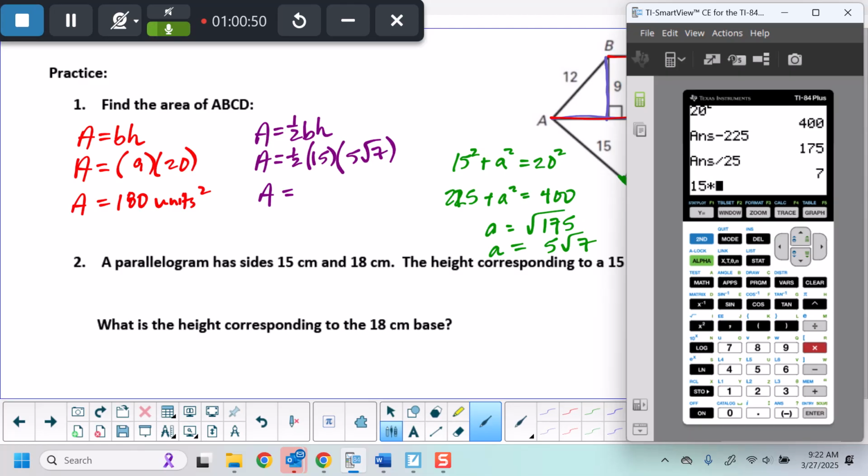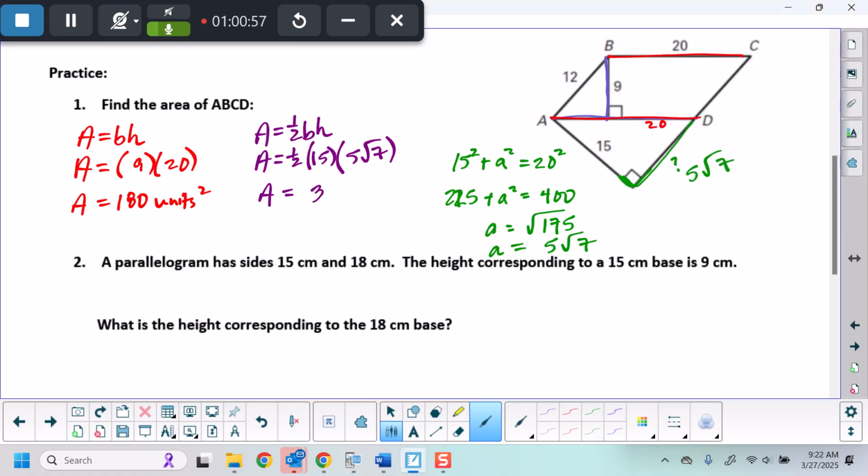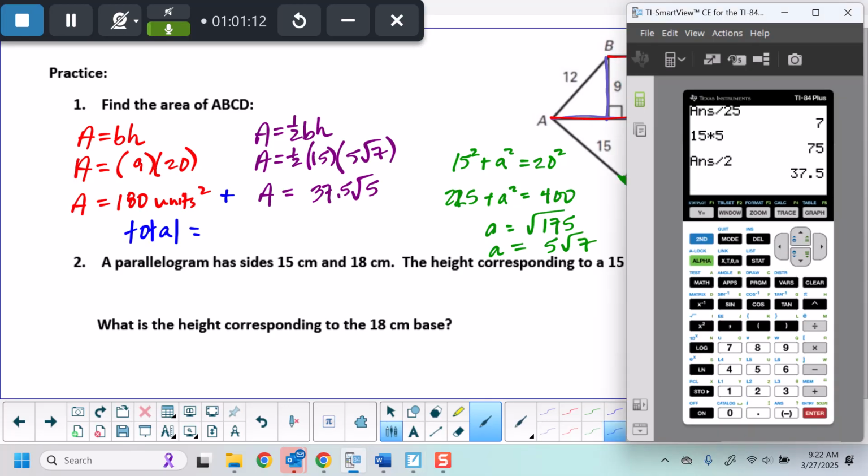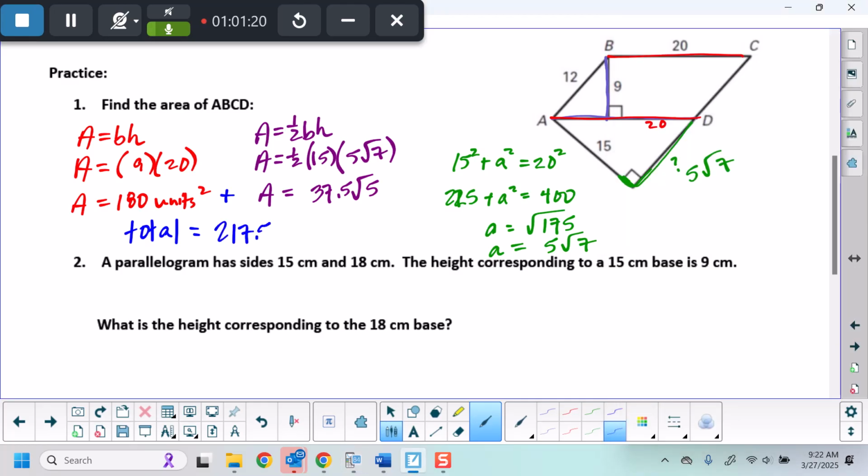So 15 times 5 is 75. 75 divided by 2, 37.5 roots of 5. When I want to know my total area, it's going to be the sum of these two things added together, plus 180, 217.5 roots of 5 units squared.